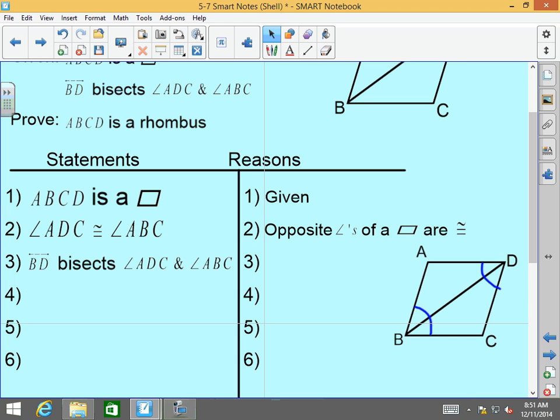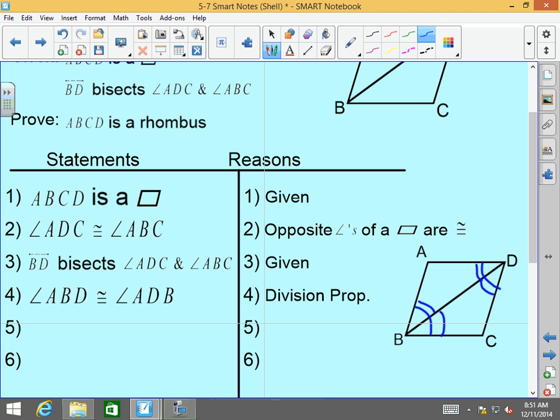Since we were given that BD bisects ADC, okay, that's given. That means that these two guys are bisected. And that's given. You with me here, boys? Okay. Then I know that ABD is congruent to ADB because of division property.